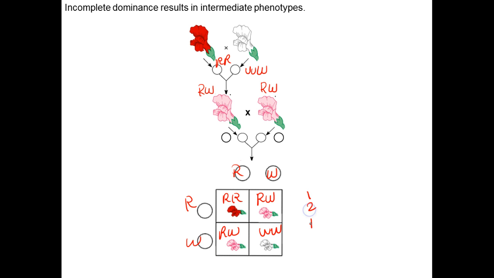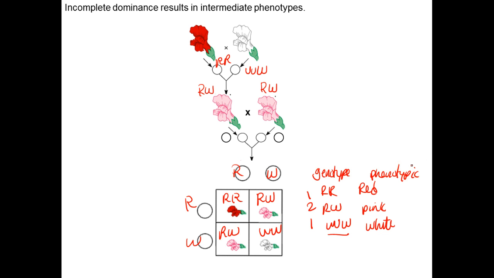So your phenotypic ratio: big R is red, RW is pink, and WW is white. So here you have the phenotypic ratio and your genotypic ratio. So this is your genotype, and this is your phenotype, and they are the same. The phenotypic and genotypic ratio are the same.